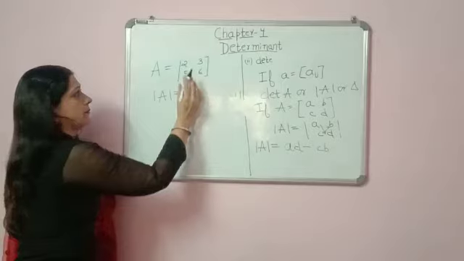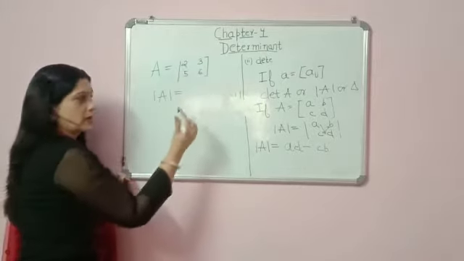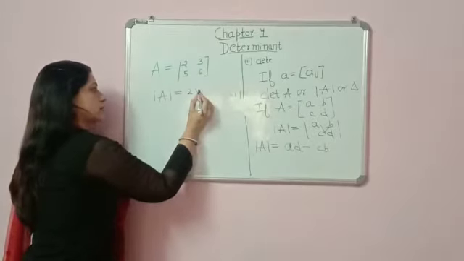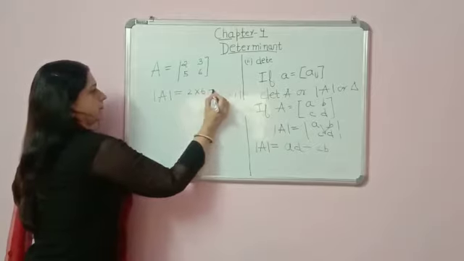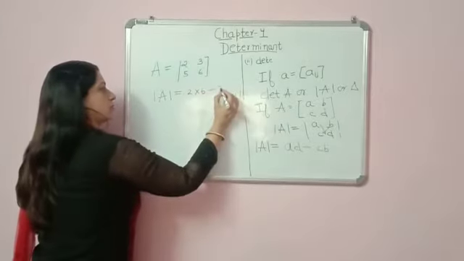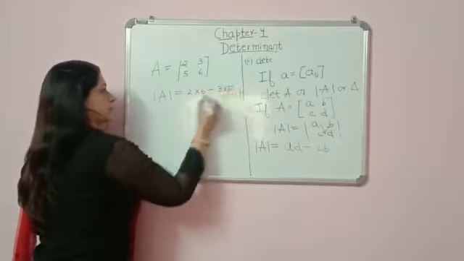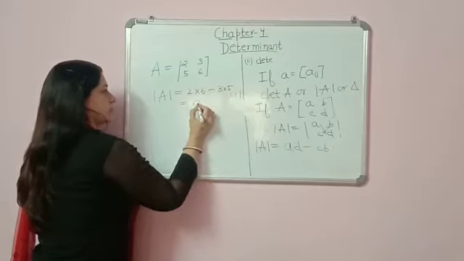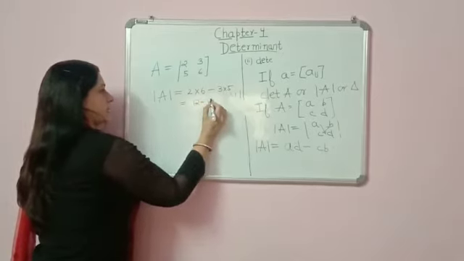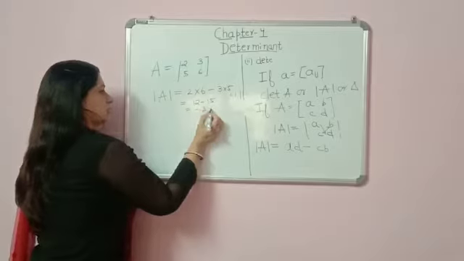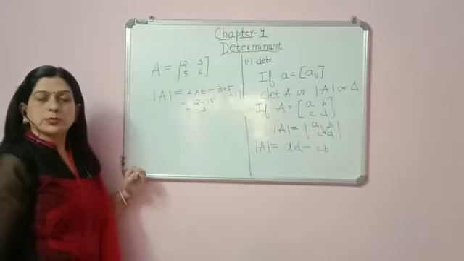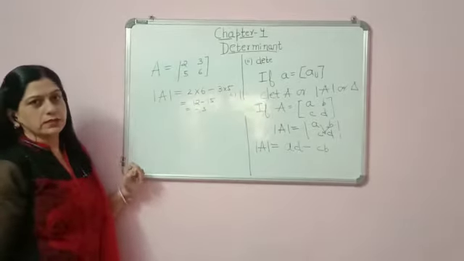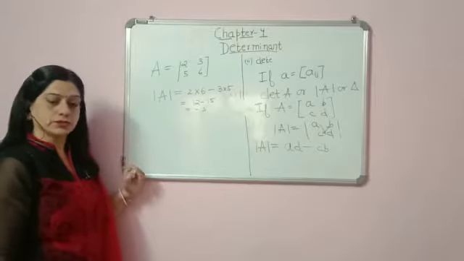It will be: multiply the diagonal elements, that is 2 into 6, minus 3 into 5. That is equal to 12 minus 15, that is minus 3. So in this way you can find the determinant of any matrix of order 2.